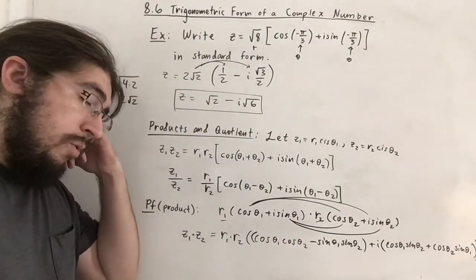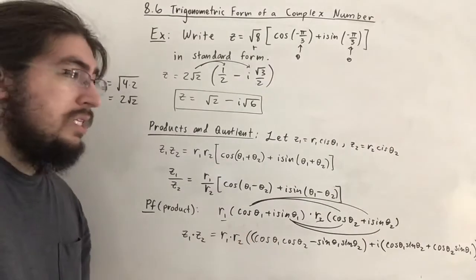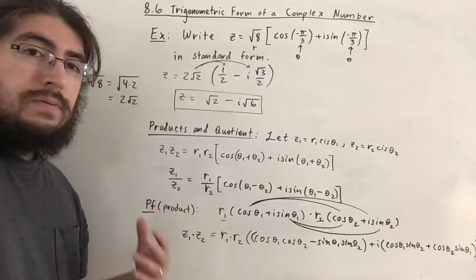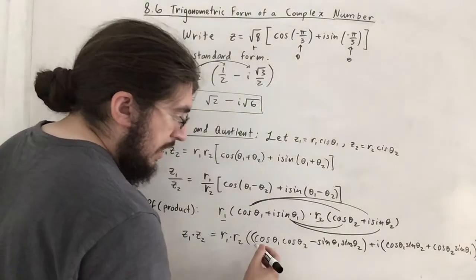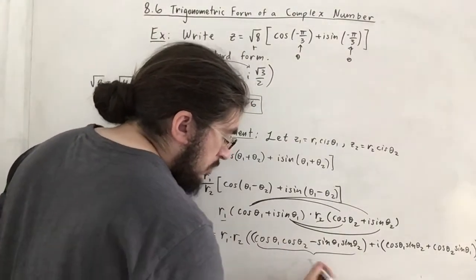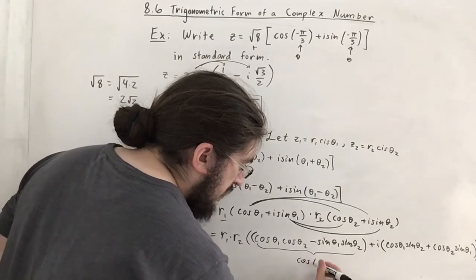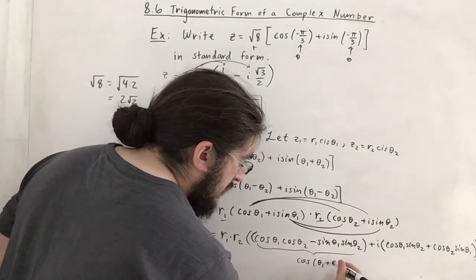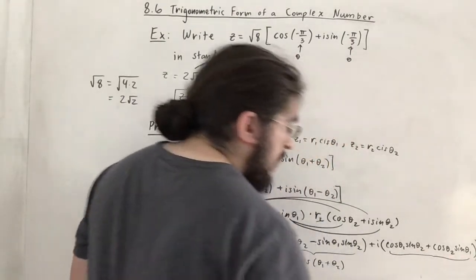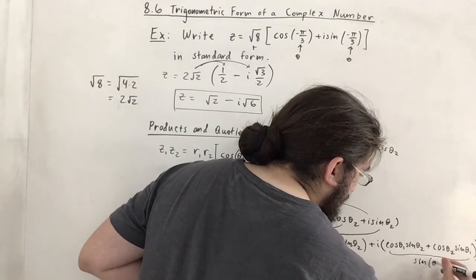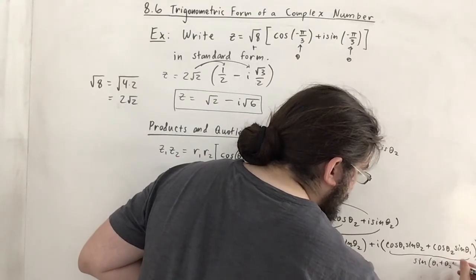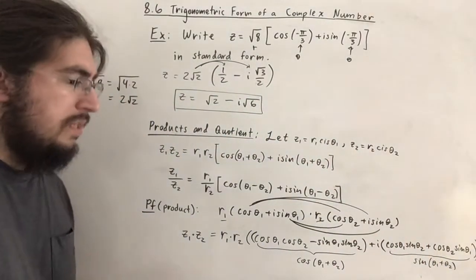Now, what you may notice is these are really just the sum formulas for trig functions, for cosine and sine, respectively. This right here is the formula for cosine of the sum of two angles, theta 1 plus theta 2. Here, this is the sum formula for sine, so that's sine of theta 1 plus theta 2. There we go.